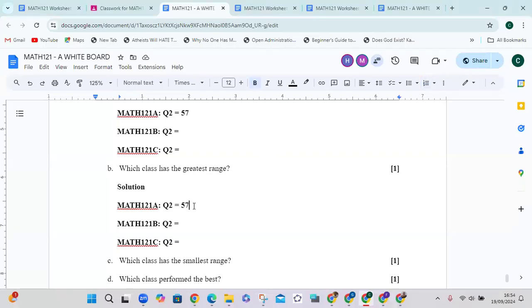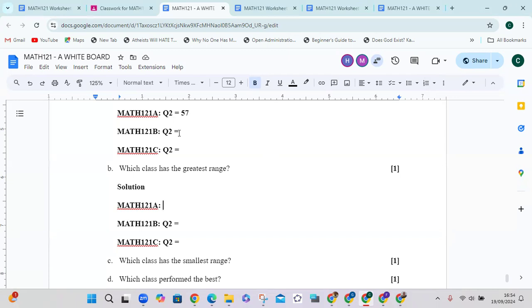Due to the fact that the range is not a very popular descriptive measure, it doesn't repeat itself very often. So it was not really necessary to create a symbol for it.